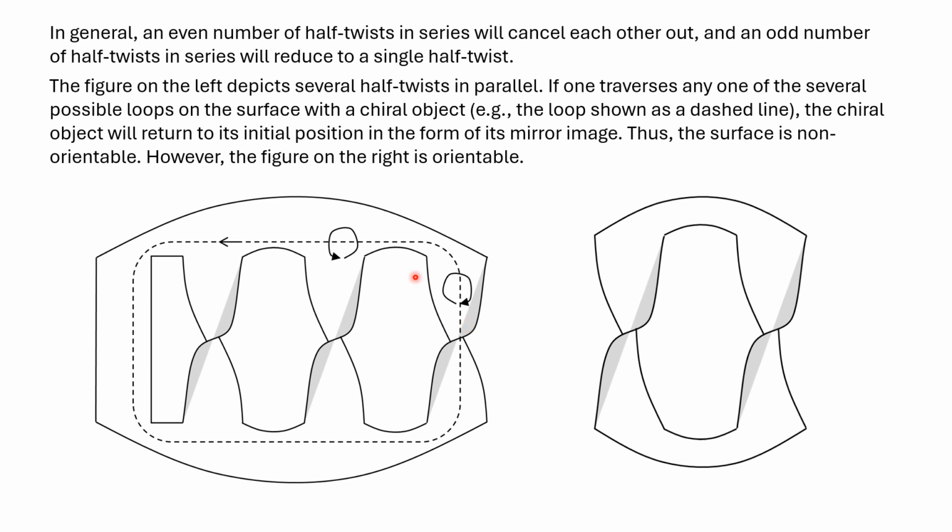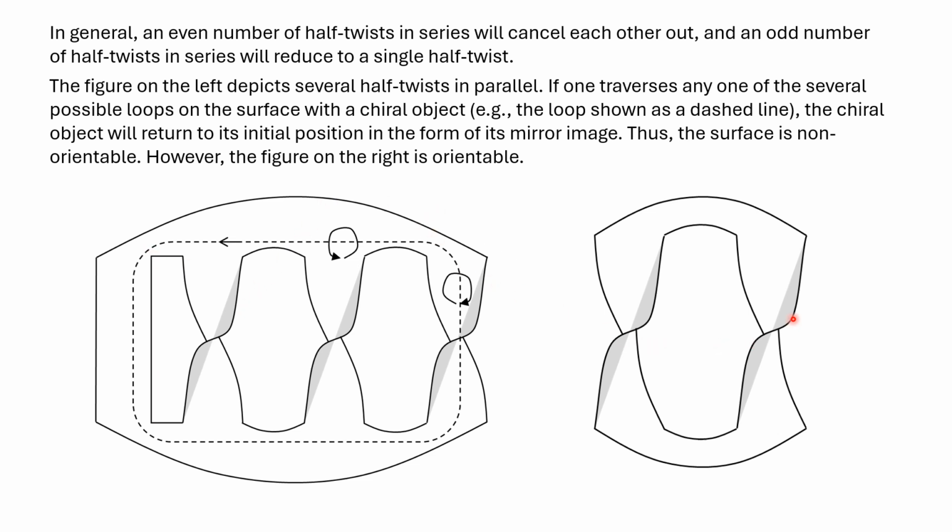And so this is not orientable. We're able to find the path where when you follow that path, the orientation changes. So basically there's an embedded Mobius strip. This path here highlights an embedded Mobius strip.